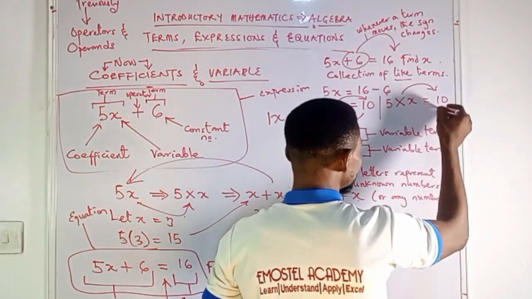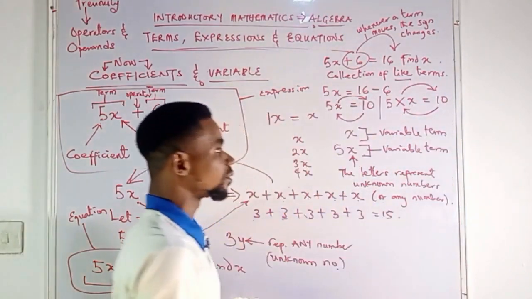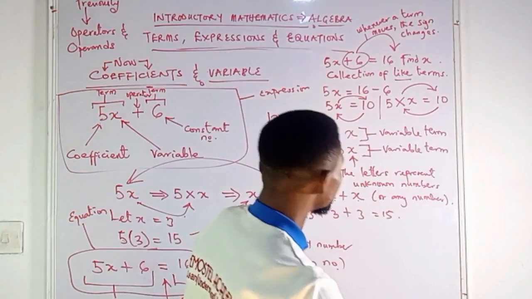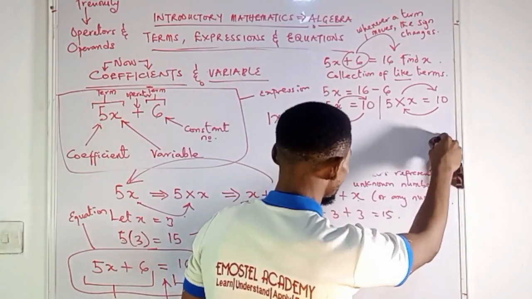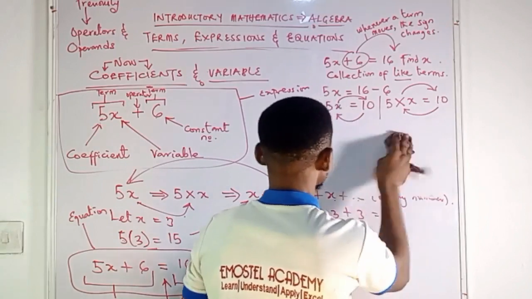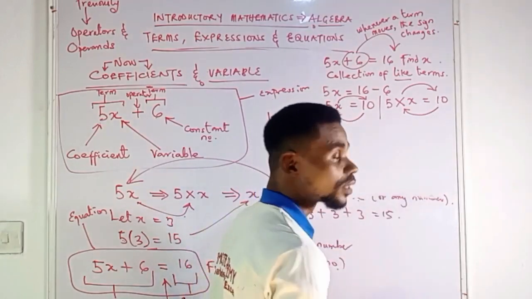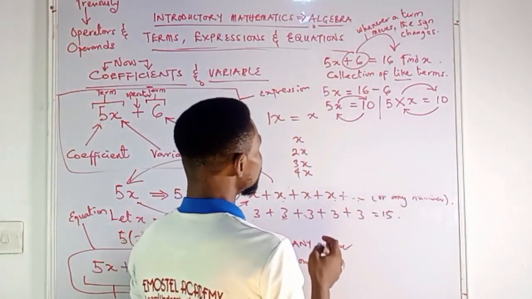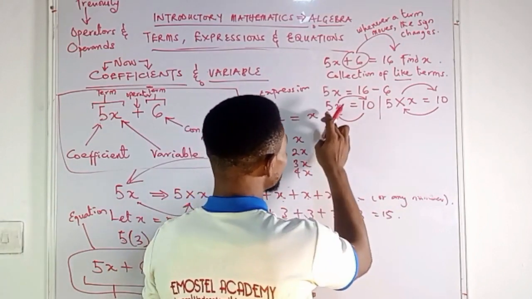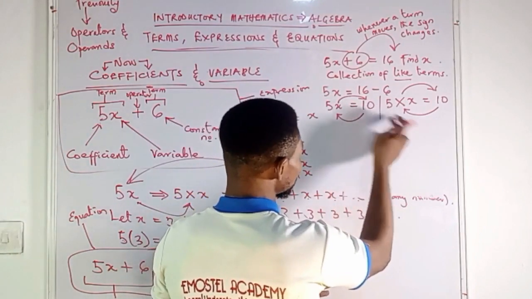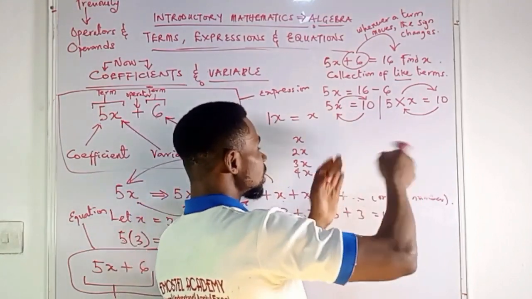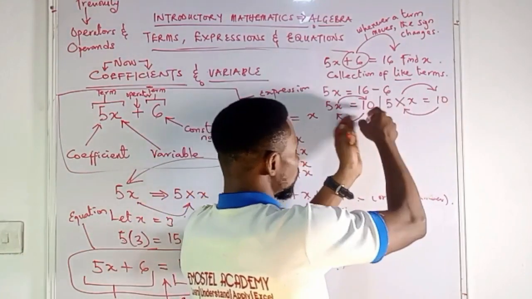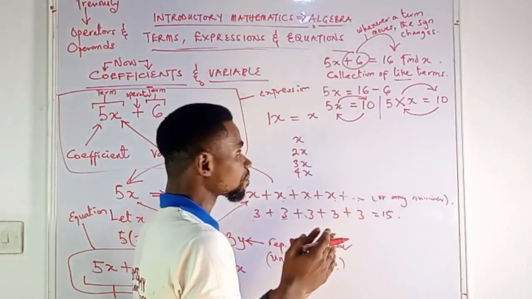Then a division operation is what will yield the results the other way around. I believe you are following through with the whole thing, okay? So we have 5x equals 10. If we are going the other way around, we are going to divide, either the other way around from 10 to 5 or from this to that, we are going to divide.